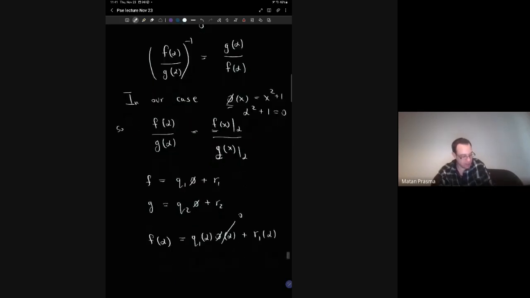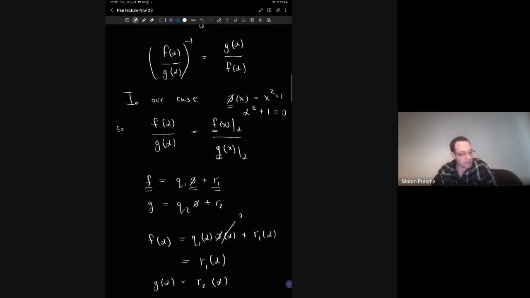So I get that f of alpha is r1 of alpha, where r1 is the reduction of f modulo phi. And the same would be true for g of alpha, it would be r2 of alpha.